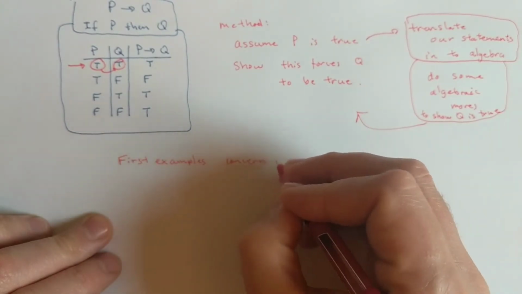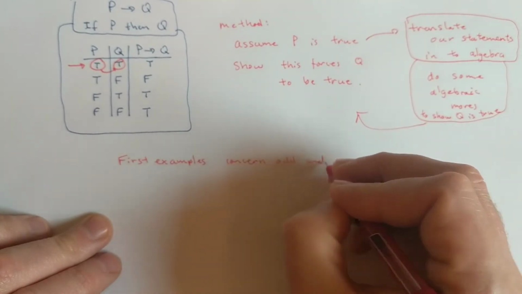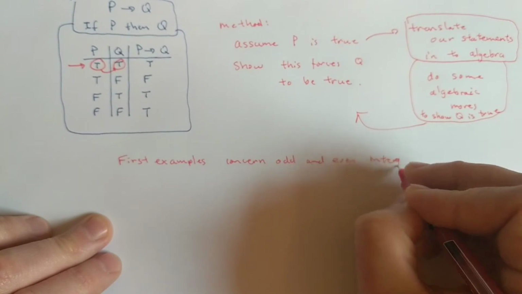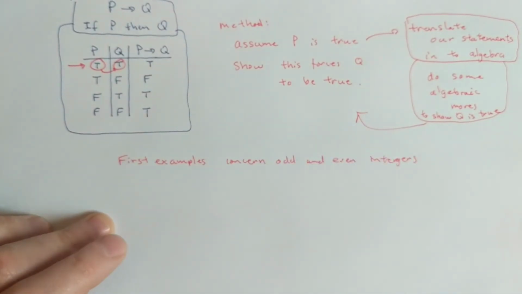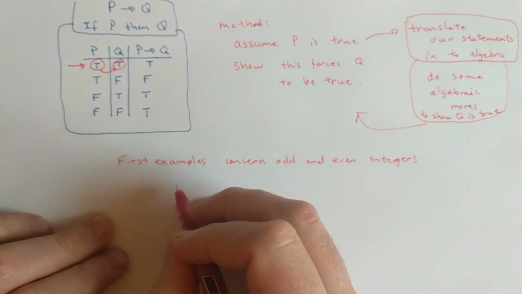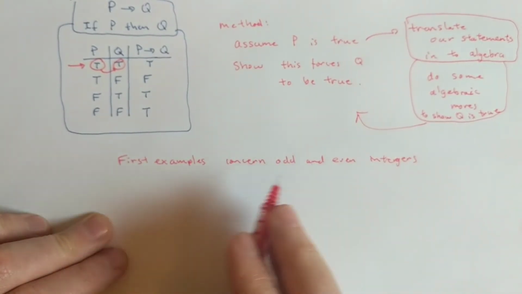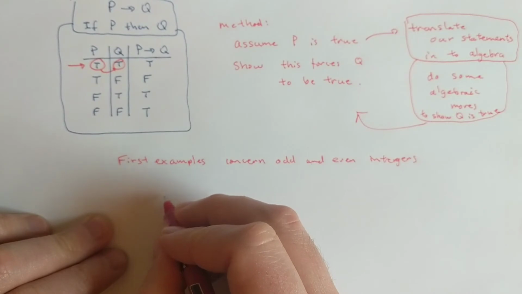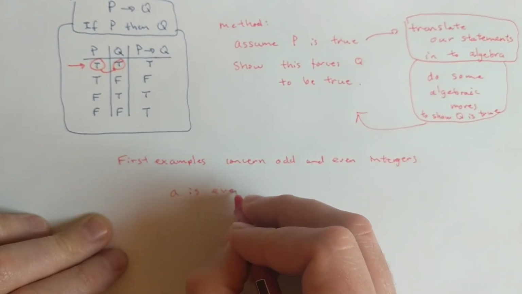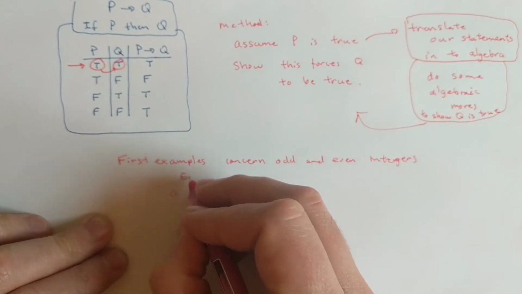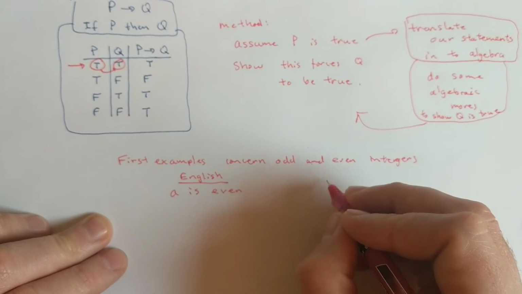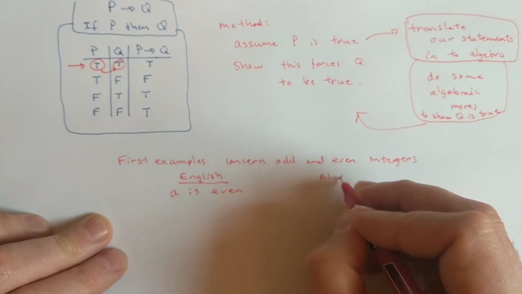One example of translating into algebra could be, well, what does it mean algebraically for a number to be even? So we'll say A is even, and we'll say this is in English. So what does that mean in the language of algebra?